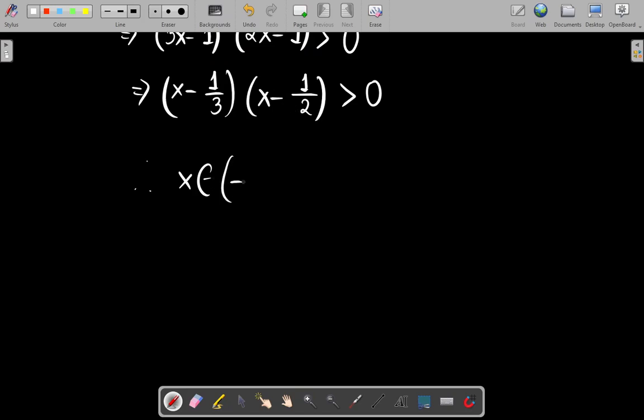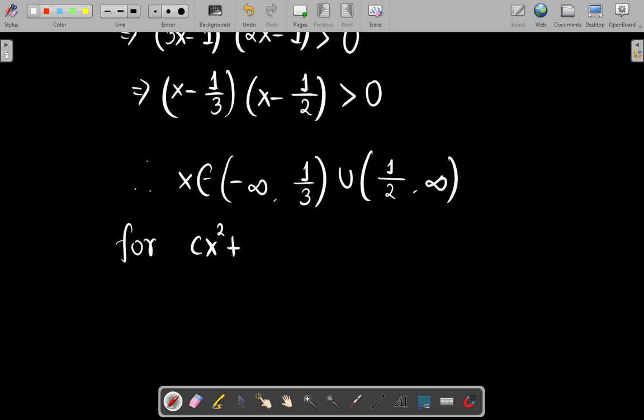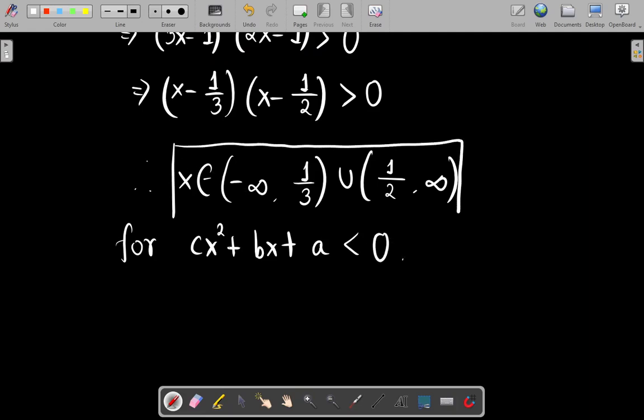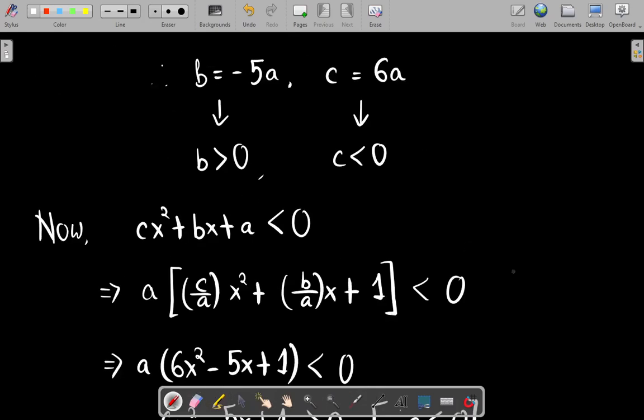So this implies x must belong in this interval minus infinity to 1/3 union of half to infinity for this inequality to hold. Okay, so this is the required final solution set of x. Okay, so this is the final answer.